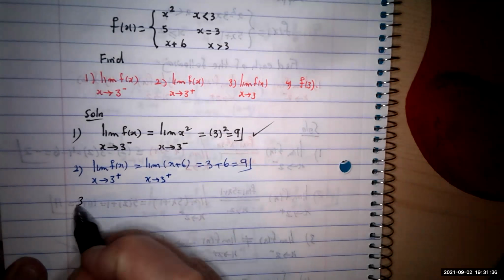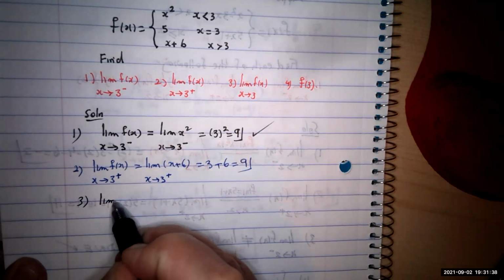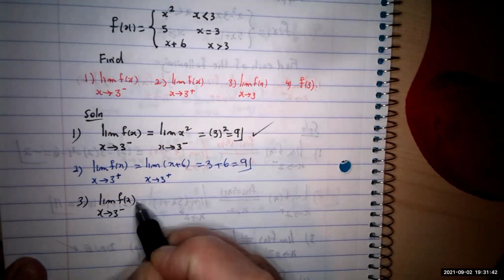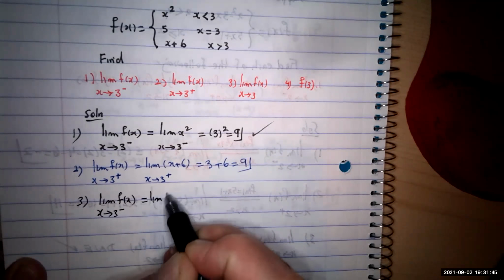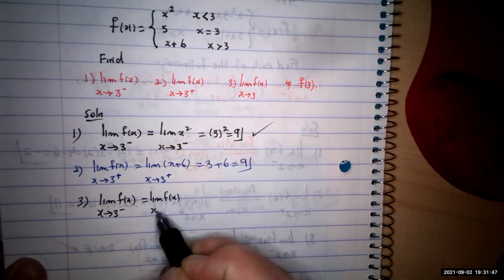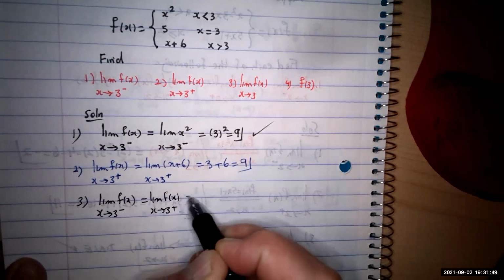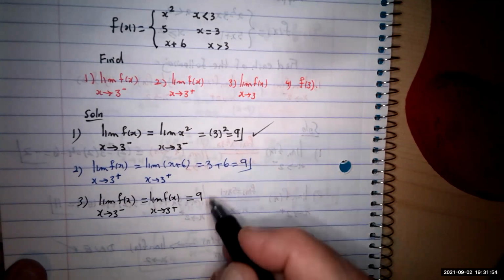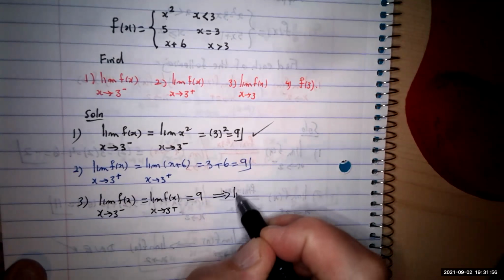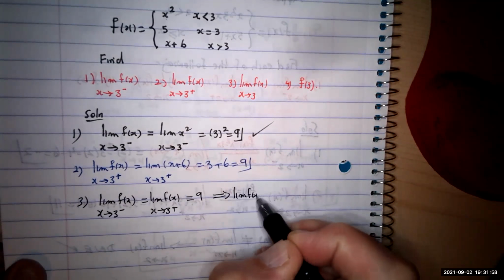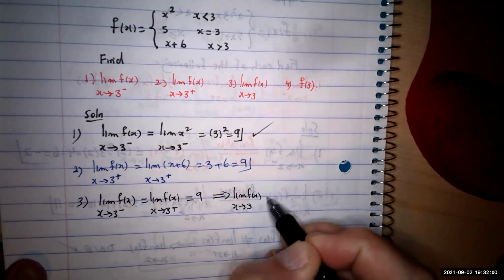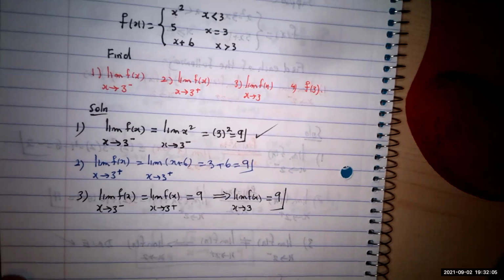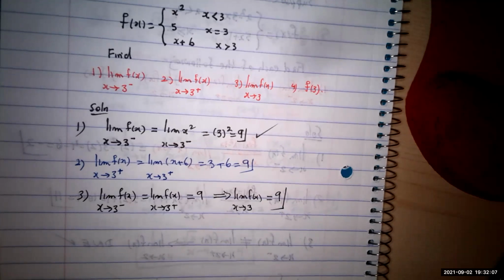You say that the limit of f of x when x goes to 3 negative is equal to the limit of f of x when x goes to 3 positive and is equal to 9. You have to explain it. So that would imply that the actual limit of f of x when x goes to 3 is also equal to 9. Any question?